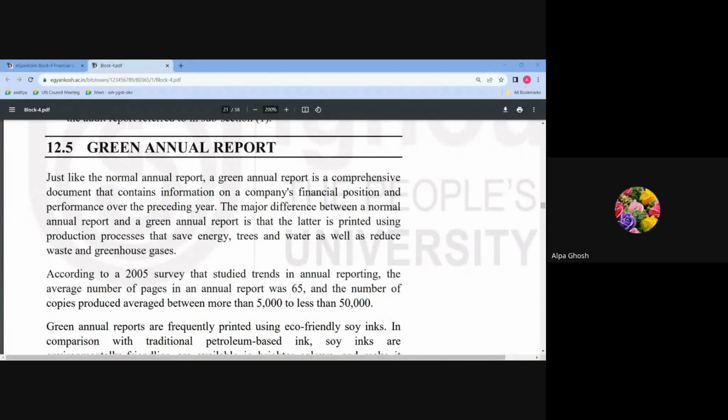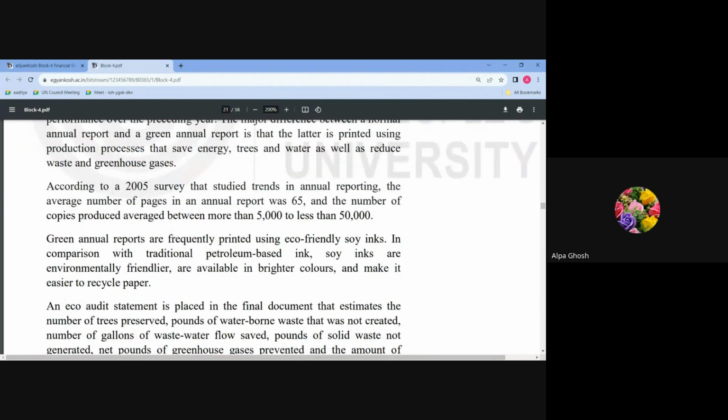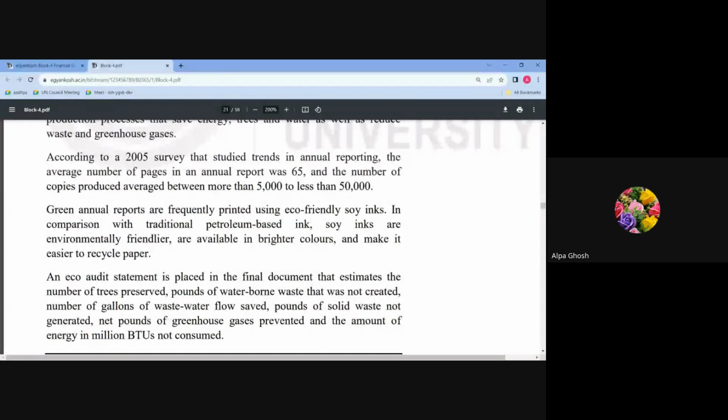We can have the annual reports printed using eco-friendly inks in comparison with traditional petroleum-based ink. An eco-audit statement is also placed in the final document, where we do not give much preference to the printed hard copy of the report.